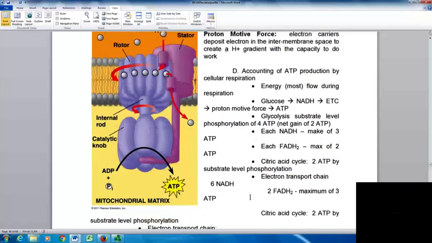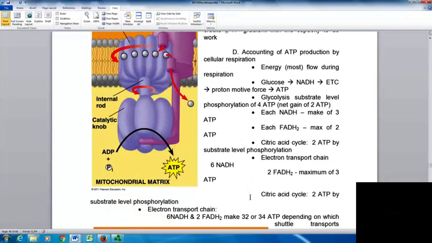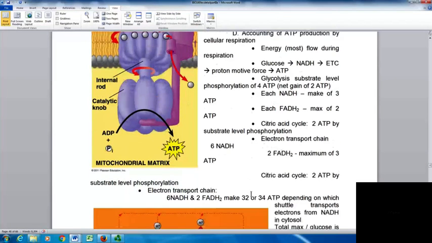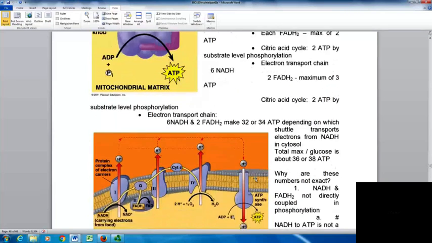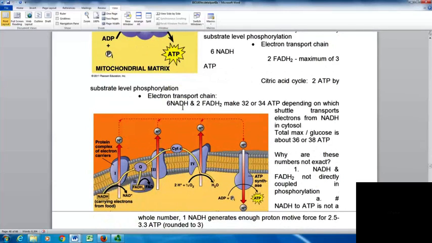So what enters into the electron transport chain are 6 NADHs and 2 FADH2s. Your citric acid cycle will give you 2 ATP by substrate level phosphorylation. When we look at the totals of this, your 6 NADHs and 2 FADH2s will give you 32 or 34 ATP, depending on which shuttle transports the electrons from NADH in the cytosol.